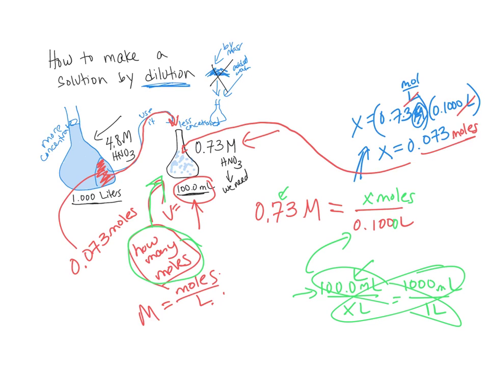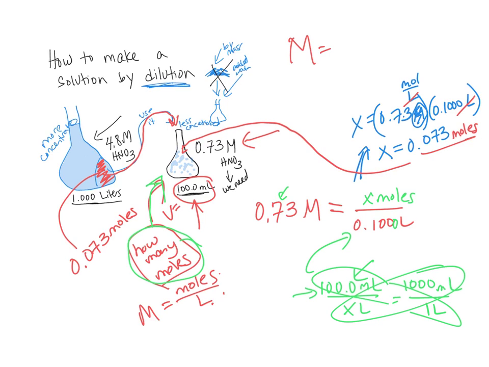Well, how am I going to do that? How am I going to measure 0.073 moles out of here? I don't have anything that measures moles, but I do have devices that measure volume. I have graduated cylinders and I have pipettes that measure volume. And I have a relationship between volume and moles. It's called molarity.